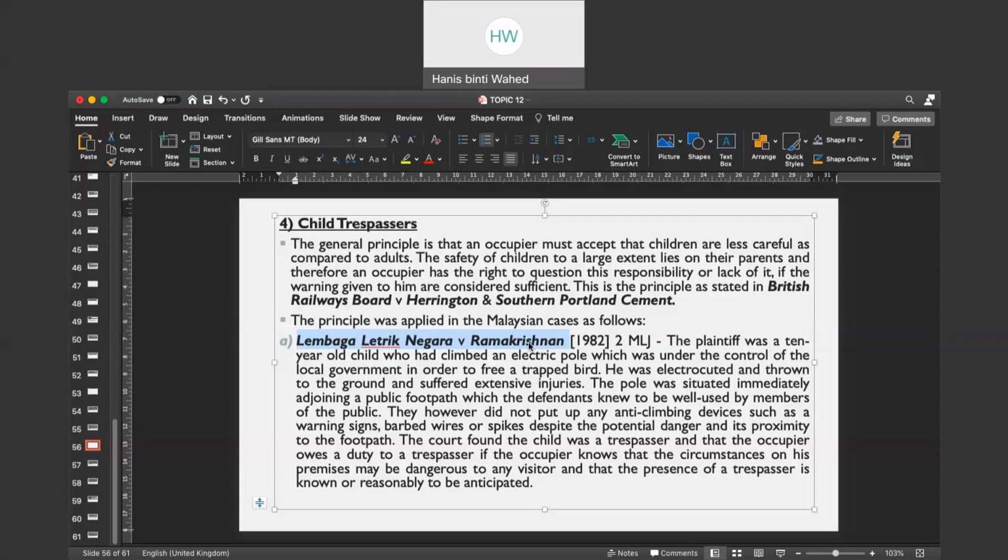Second, if he actually knew the condition of his land ataupun premise which is likely untuk cause injury to trespasser. Maksudnya he is aware of the existence of the danger. Dia tahu keadaan dia punya premise tu berbahaya untuk orang luar datang masuk, ya.